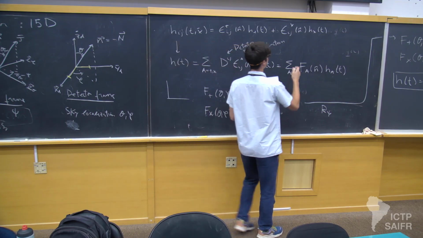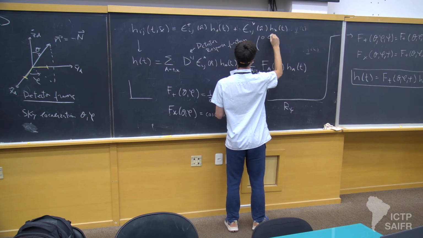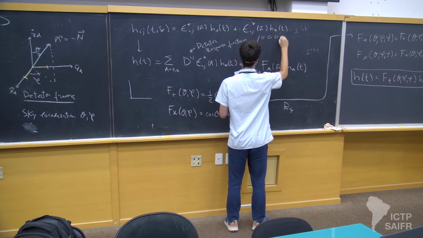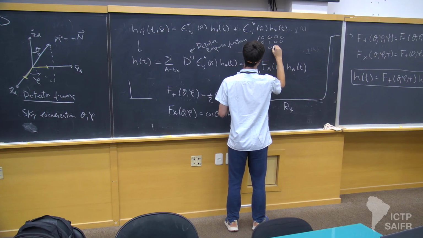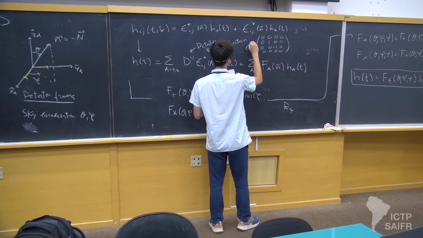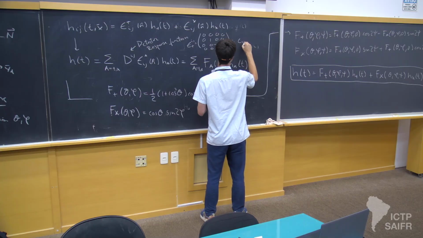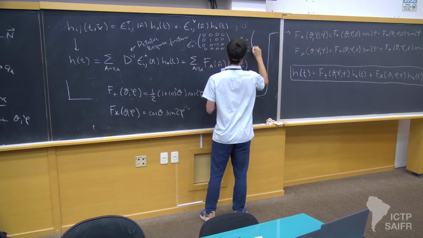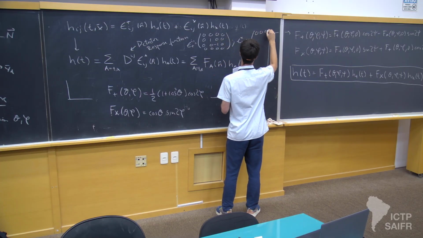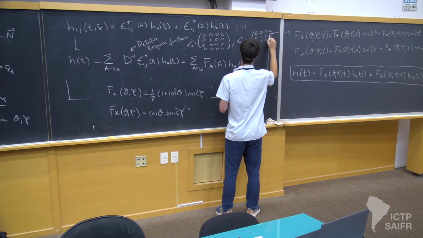So the plus polarization is this, epsilon plus, and the cross is just the other one.